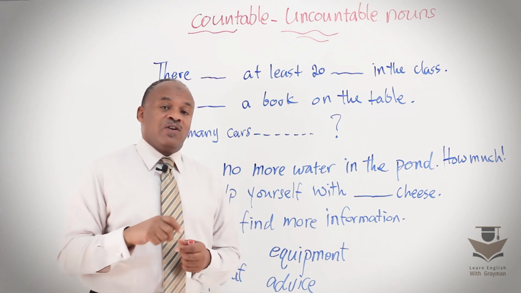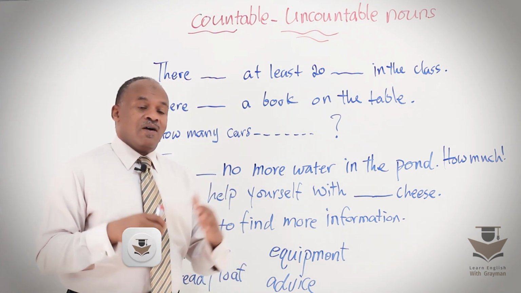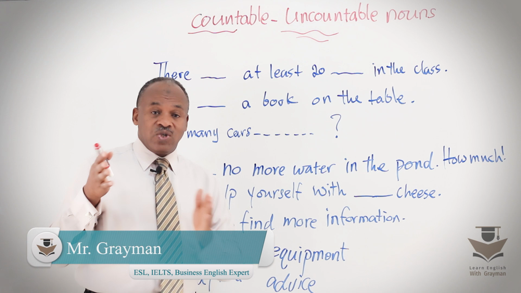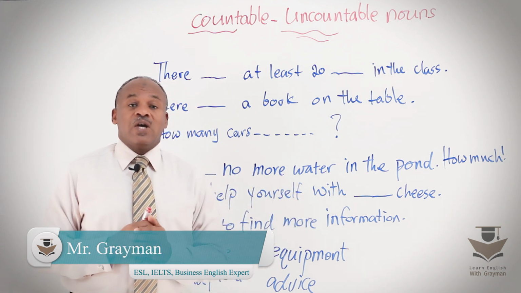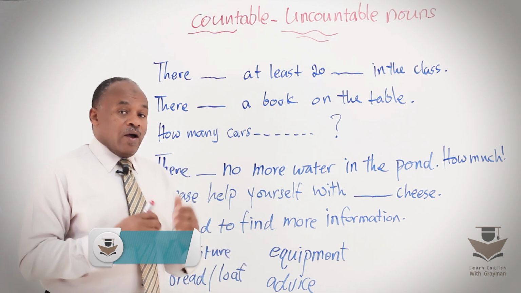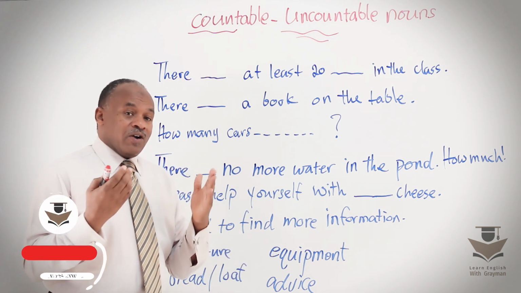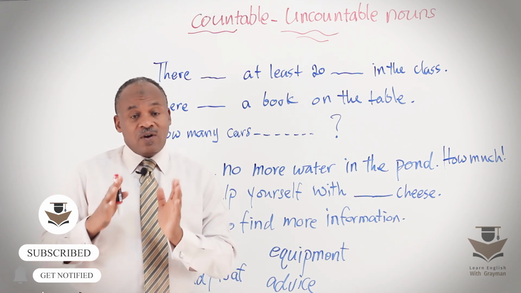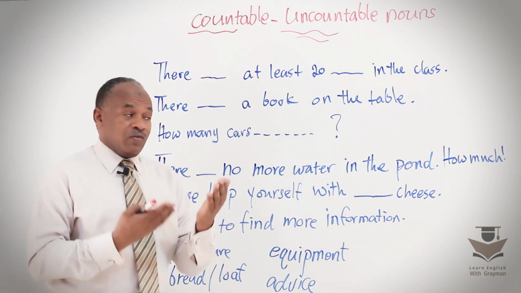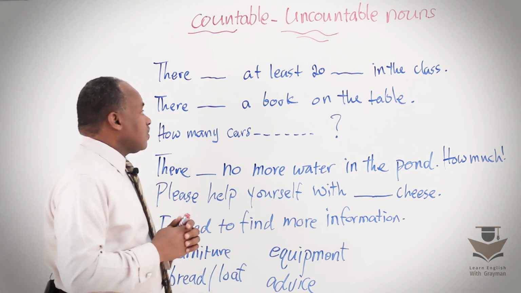I'll make a video to teach you how to make the singular and convert them into plural. I'll do that very soon. So the countable are the names that you can count or the names that have singular and plural. And I gave you some examples.